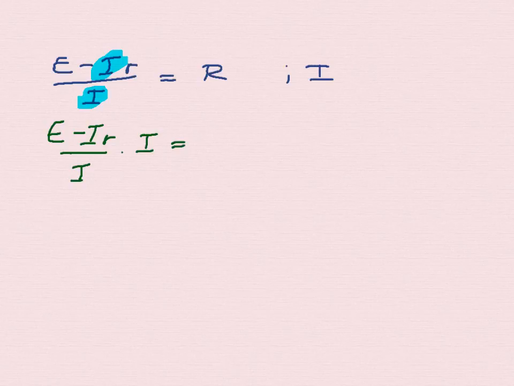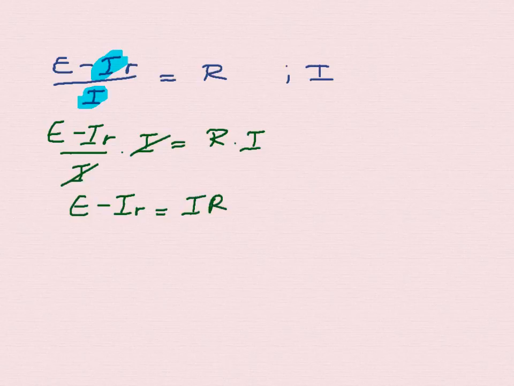But I'm going to also multiply the right by capital I to keep it even. So now I've got E minus IR equals I capital R. And I'm asked to solve for I.